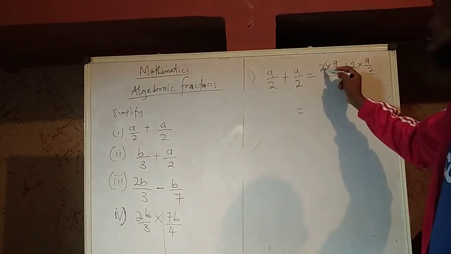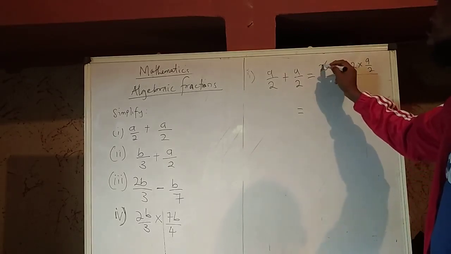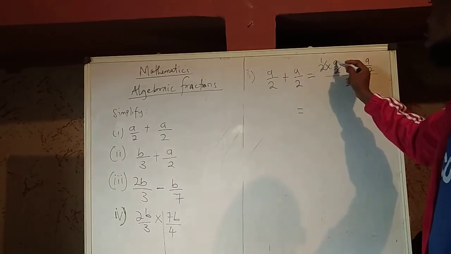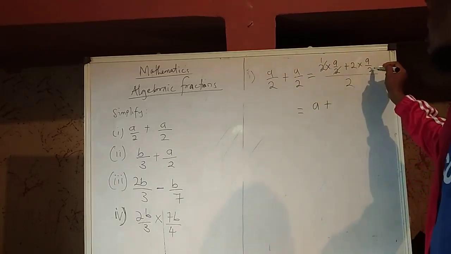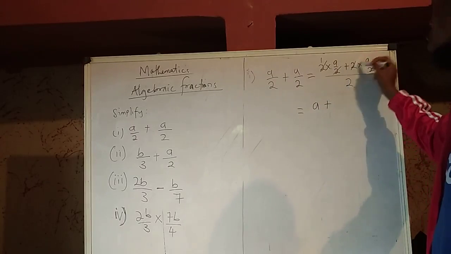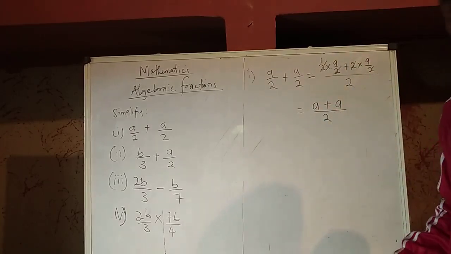It's possible to divide, so we do that. 2 into this becomes 1, 2 into this becomes 1. So 1 times a is a, plus the same thing here: 2 and 2 becomes 1, 1 times a is a, all over 2.